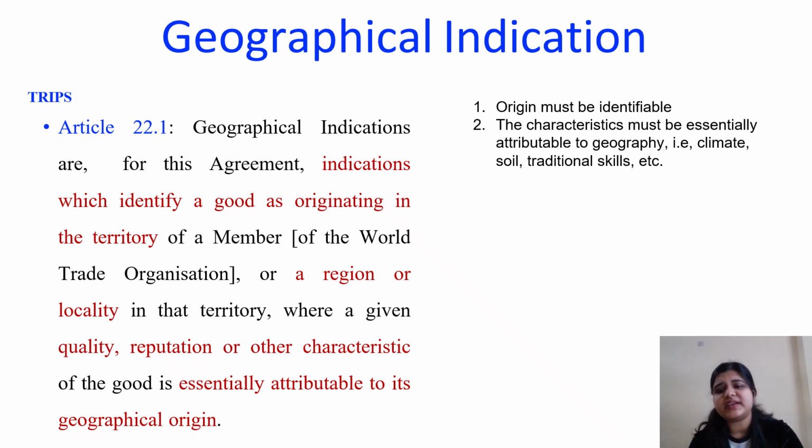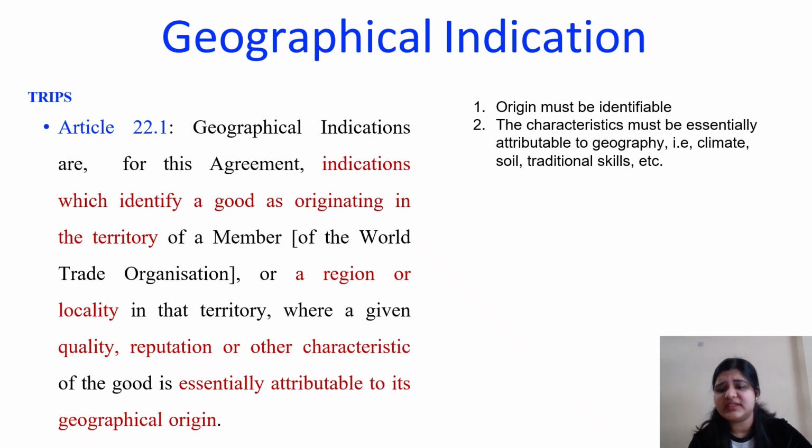TRIPS defines GI as indications which identify a good as originating in the territory of a WTO member, or a region or locality in that territory, where the given quality, reputation or other characteristics of the good is essentially attributable to its geographical origin.